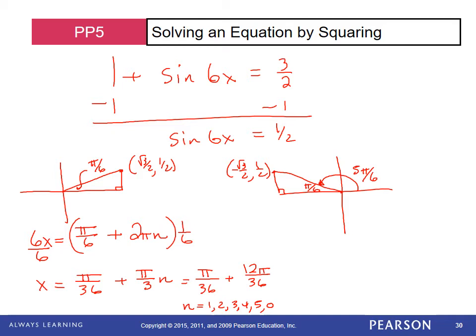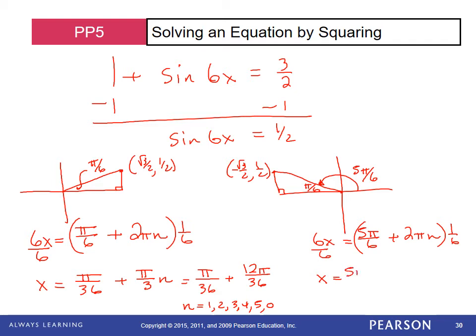All right, let me start it here. Those waiting for me here. So I got 6x is equal to 5 pi over 6 plus 2 pi times n. Good there? Yeah. Dividing through by 6 on this end, multiplying through by 1/6 on this end. And you can kind of tell the numbers are going to work out sort of the same here.